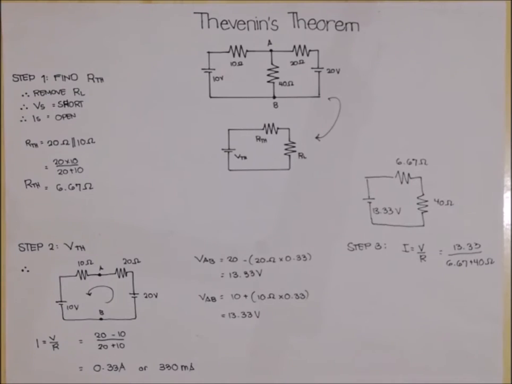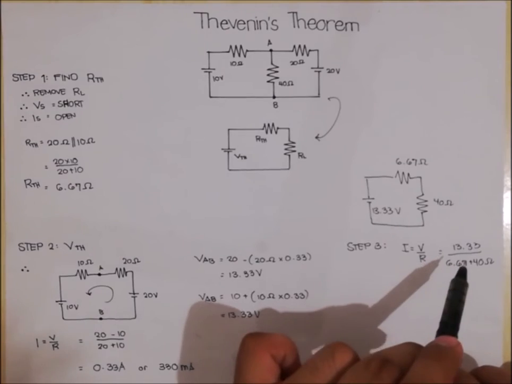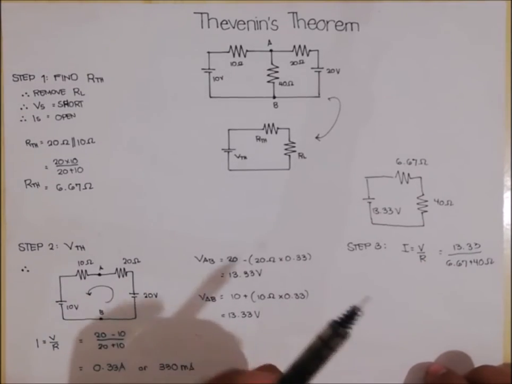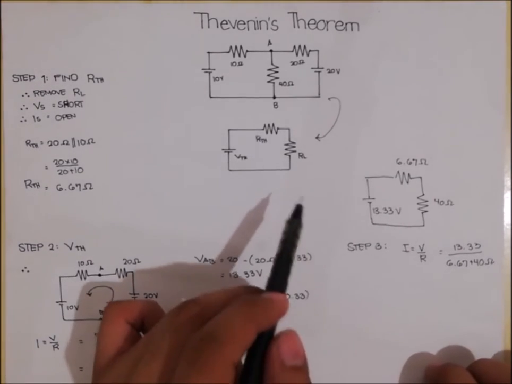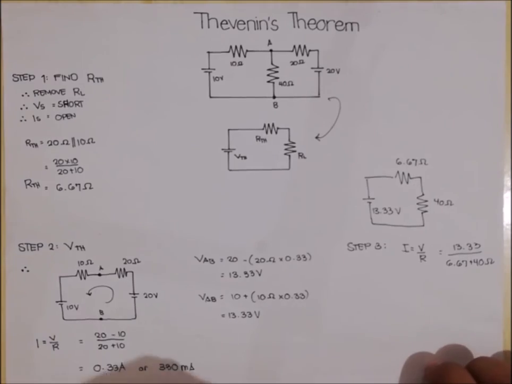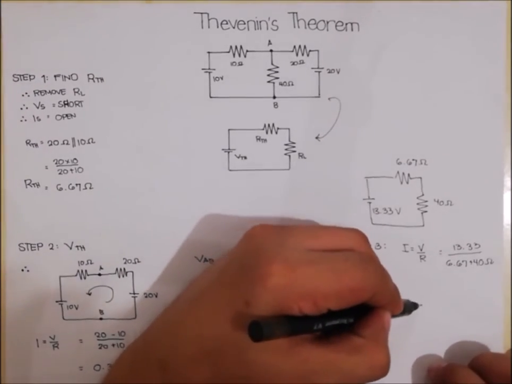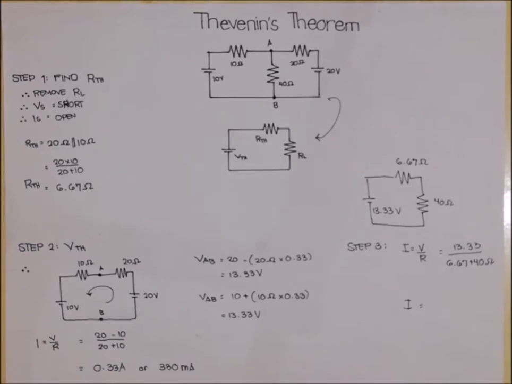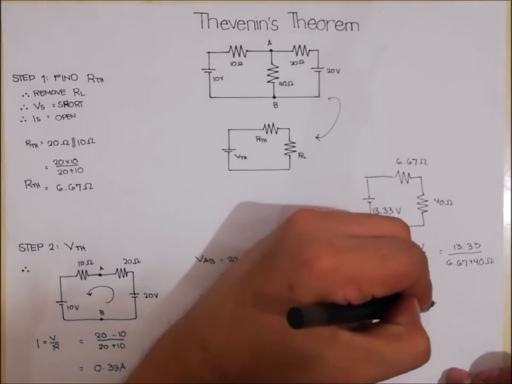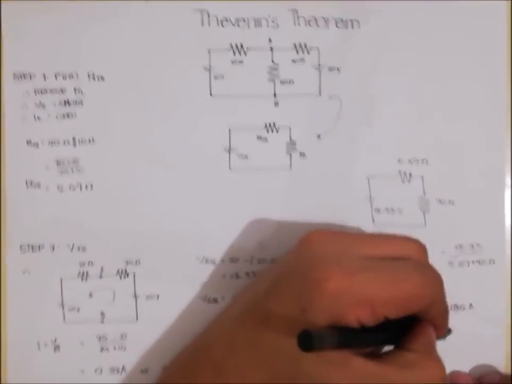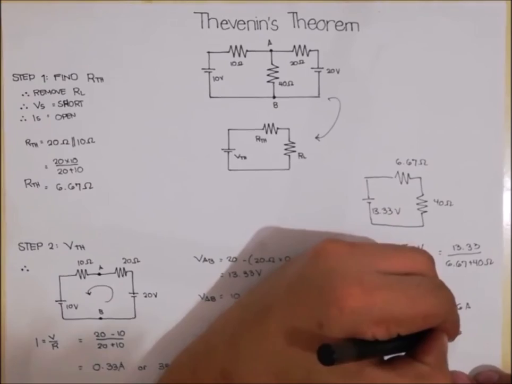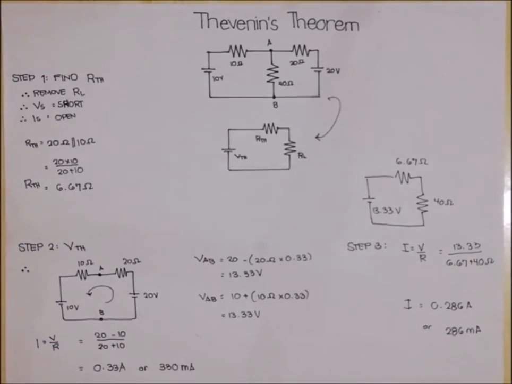So the last step is to find the current flowing around the whole circuit, and that can be calculated as 13.33 volts over our Thevenin equivalent resistance, which is 6.67, plus the load resistance, which is 40 ohms, and that will give us a current equal to 0.286 amperes, or 286 milliamps. And that's how we solve our Thevenin equivalent circuit.